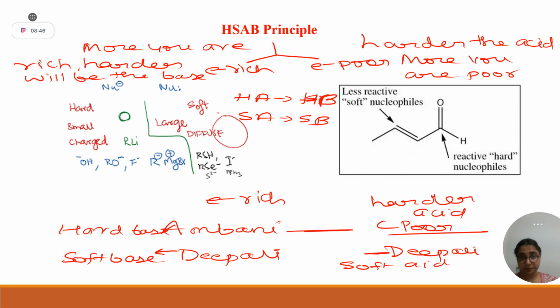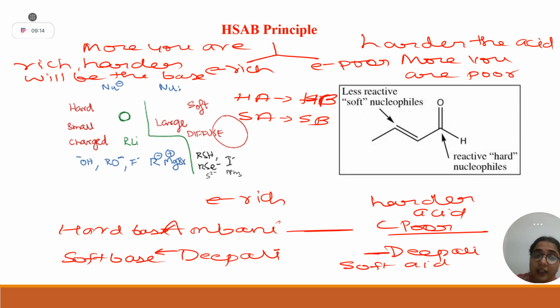Hard acid means more electron deficiency. Hard base means more electron richness. Obviously, the poorer the person, the more it will approach Ambani. So you have understood this principle, right? Same in organic chemistry. Hard acids are going to interact with your hard base and soft acids are going to interact with your soft base. Clear?